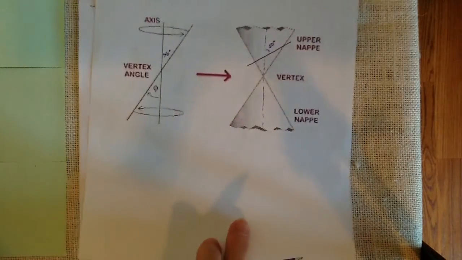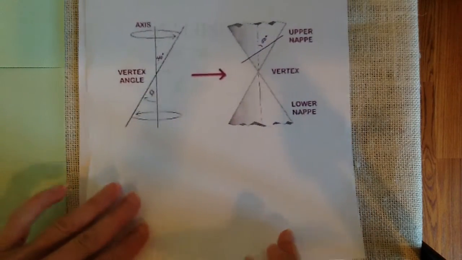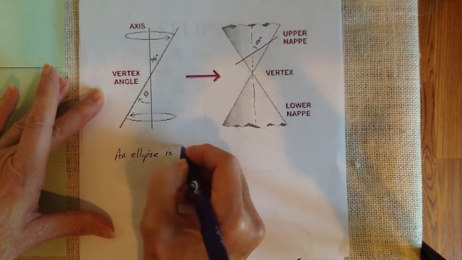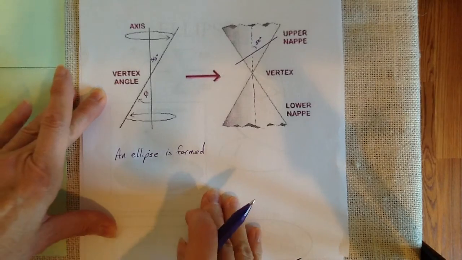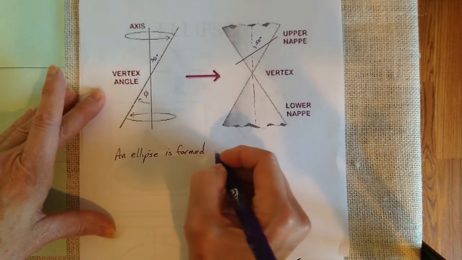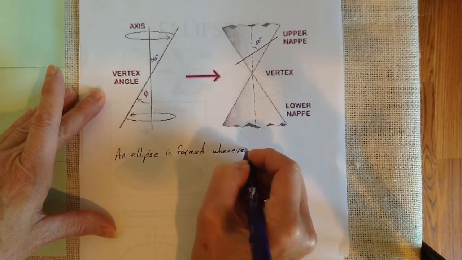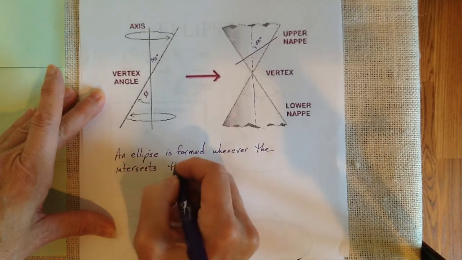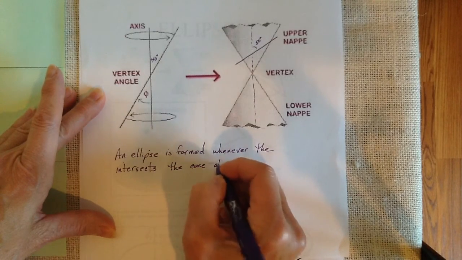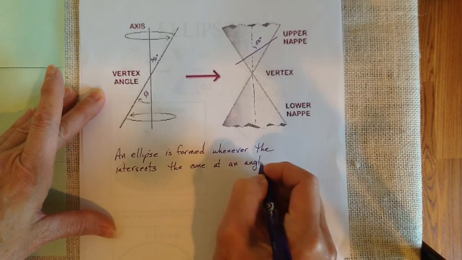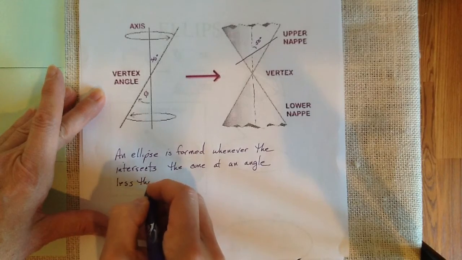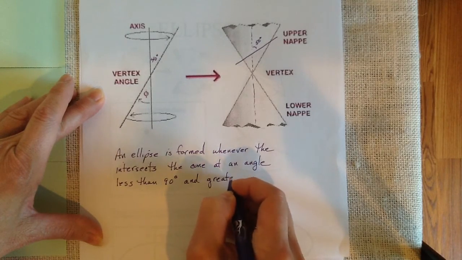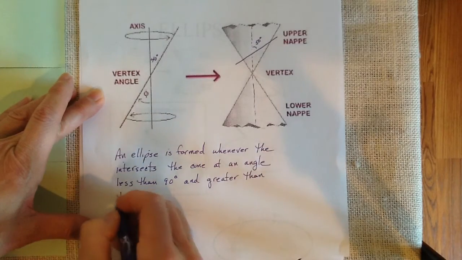All right, so let's write that down. An ellipse is formed whenever the plane intersects the cone at an angle less than 90 degrees and greater than the vertex angle.